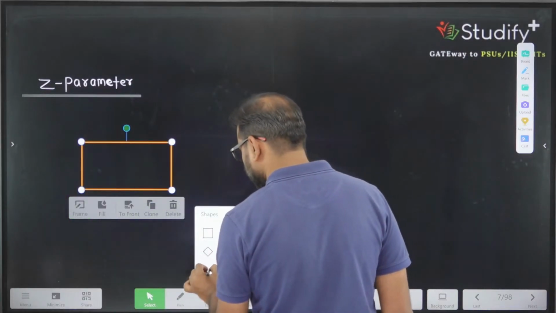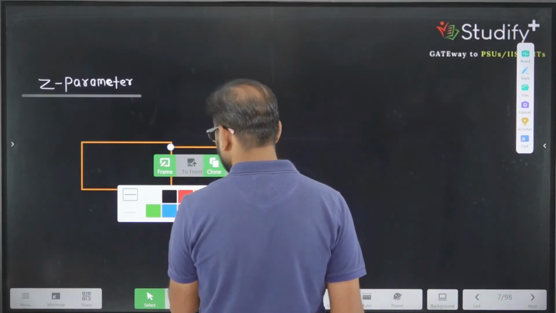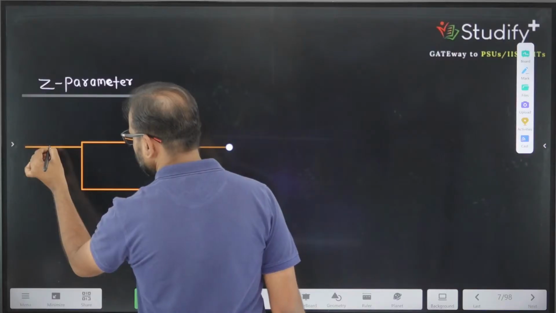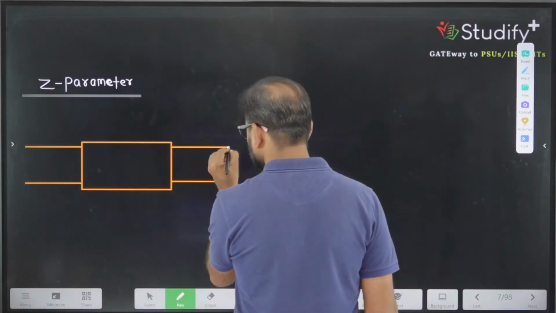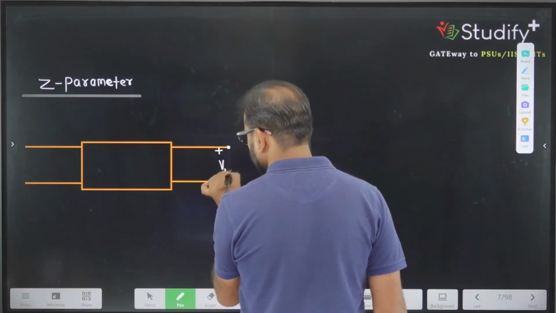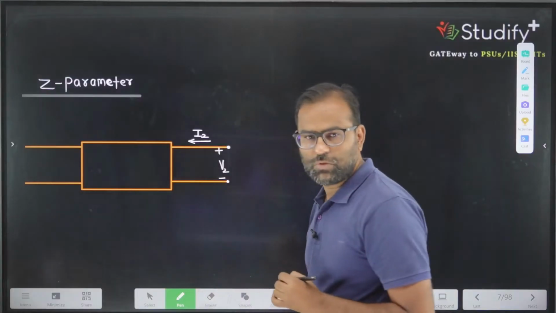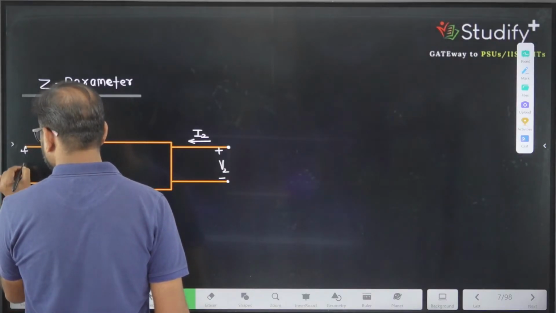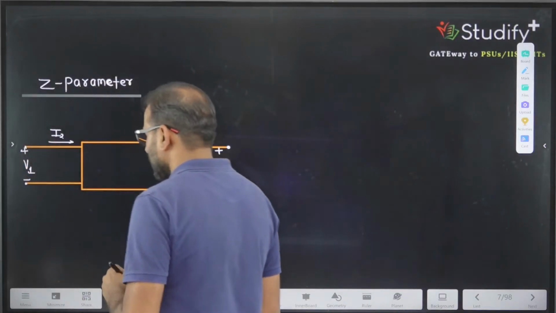Here we have V2 and I2, output voltage, output current, and two variables we have at input, V1 and I1.